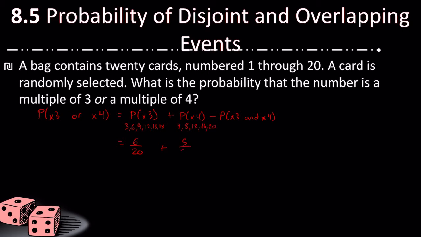So that's 5 out of the 20. And multiples of 3 and 4 at the same time appear to be the 12, so it's one number out of the 20. So that makes us 10 out of 20, or 1/2, which is 0.5.